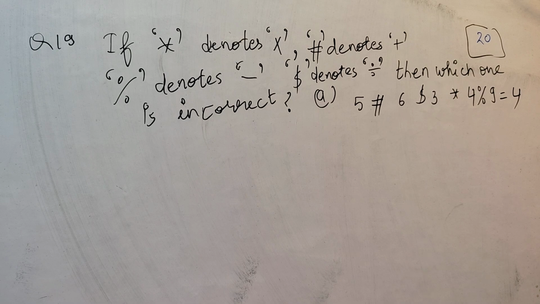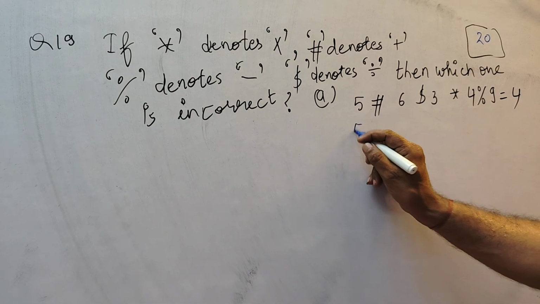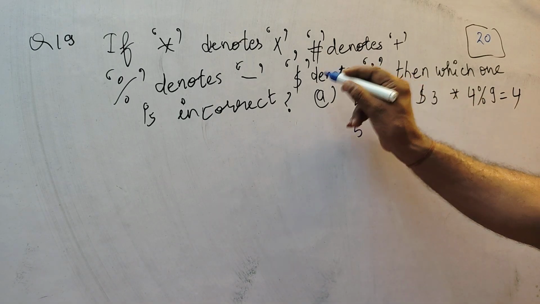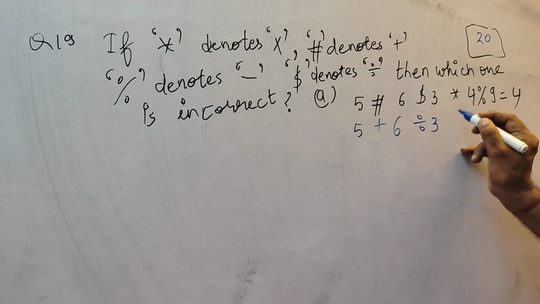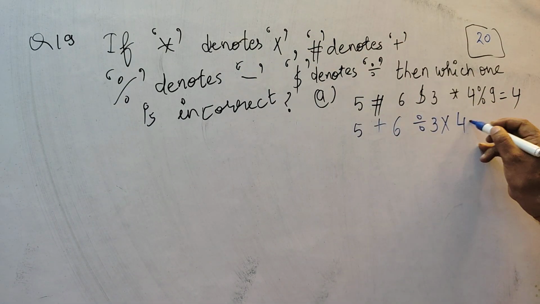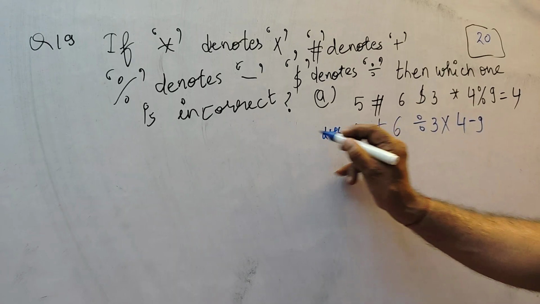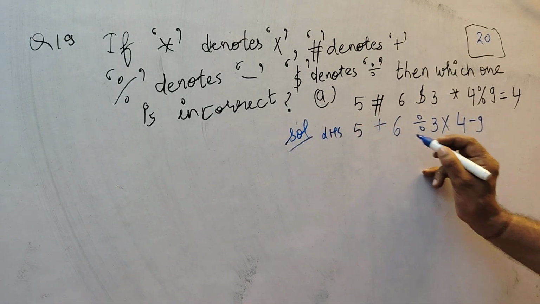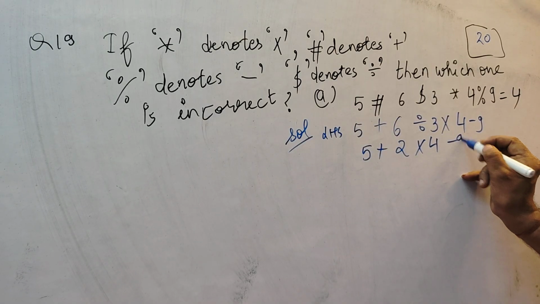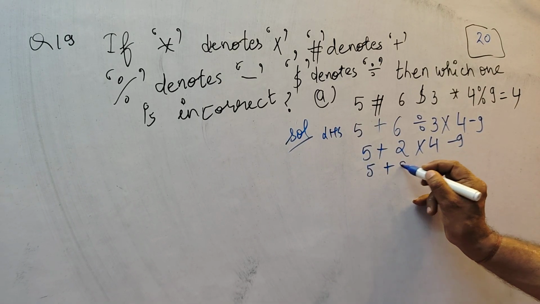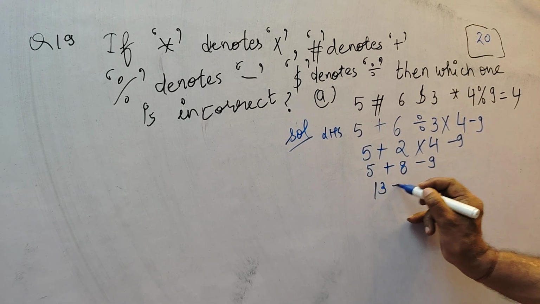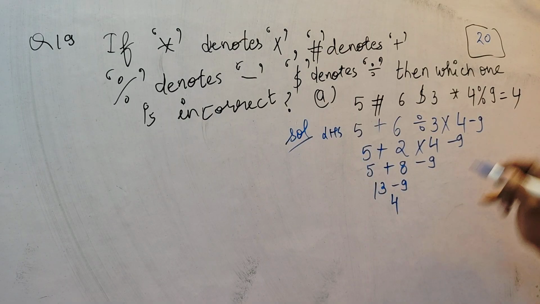So we can simplify first. 5 hash sign is replaced with plus sign, dollar sign with divide sign, asterisk sign with multiply, and percentage sign with minus. This is our left hand side. Now divide first. 6 divide 3 is 2. 2 multiply 4 gives us 8. Now 2 plus 5 and 8 gives us 13. 13 minus 9 is 4. And right hand side is 4.